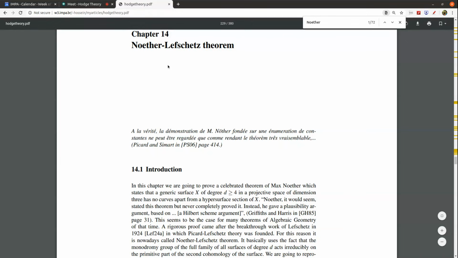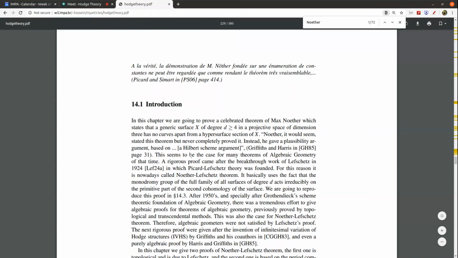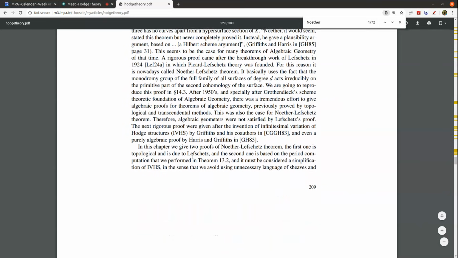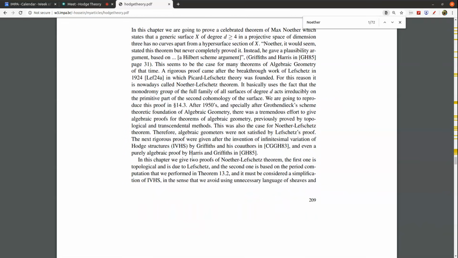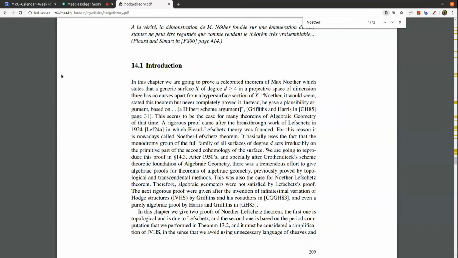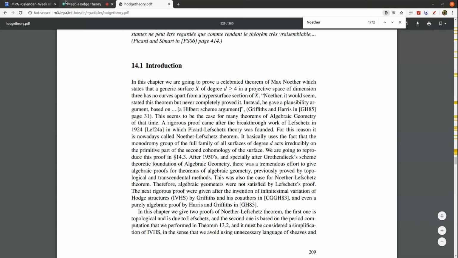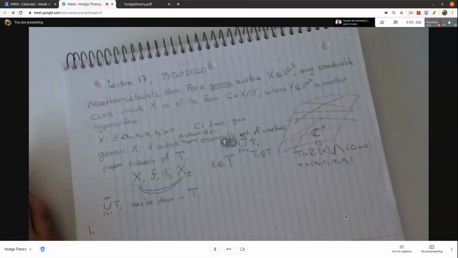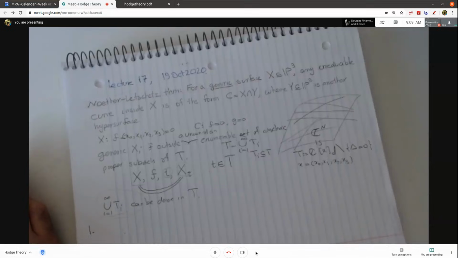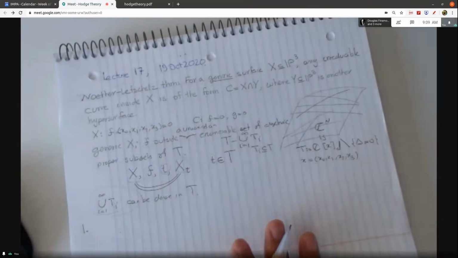In chapter 14, I have gathered in the introduction some history of this theorem, so have a look at this chapter. So let's go to the idea of the proof.